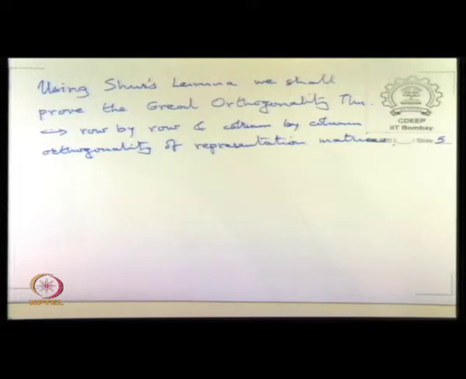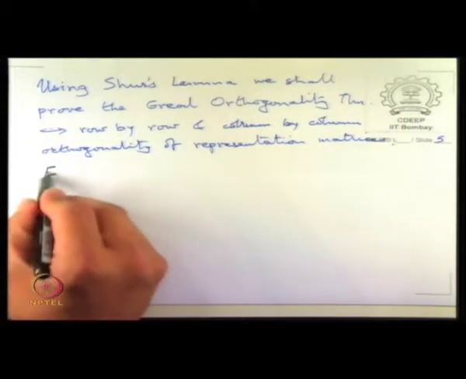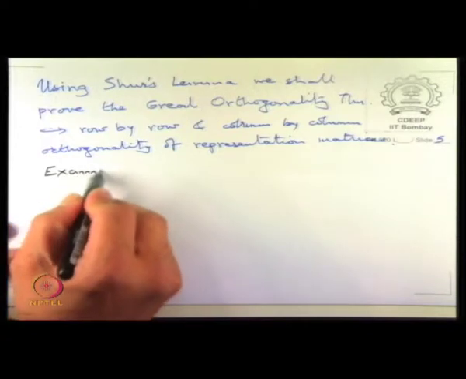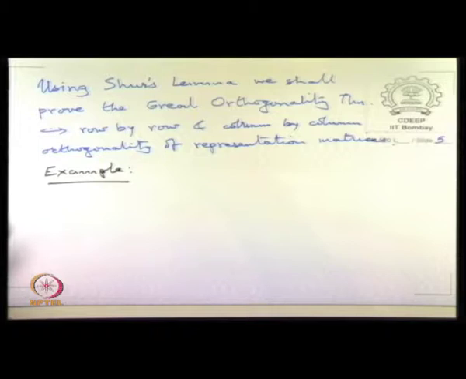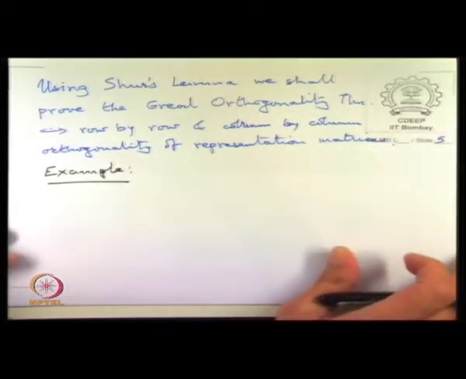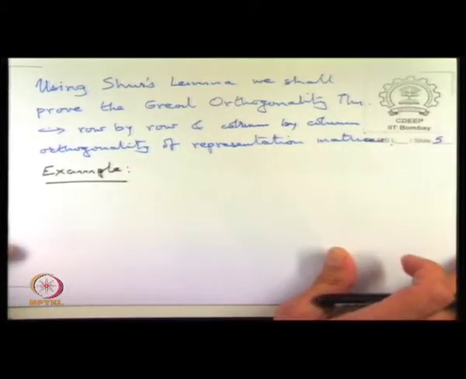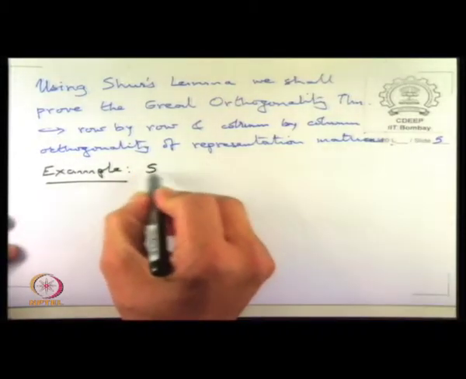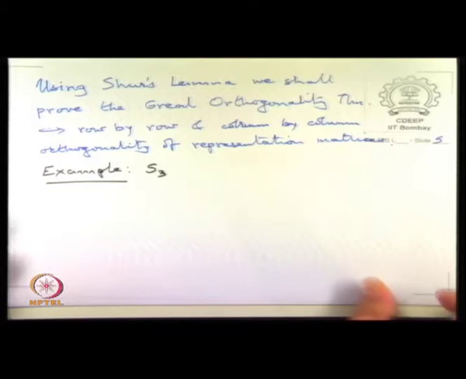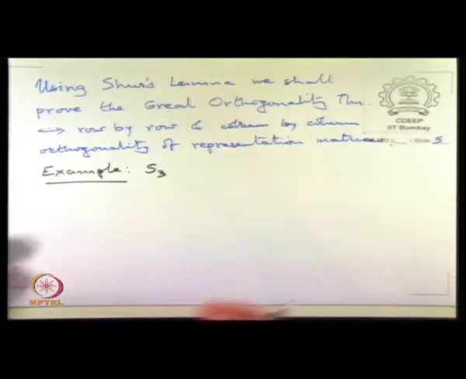Now a little example, and the example is the very exciting one that we have been considering for a while. This is the S3. Which is, just to remind you again, 2 ways of thinking.